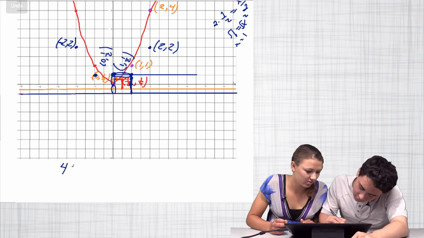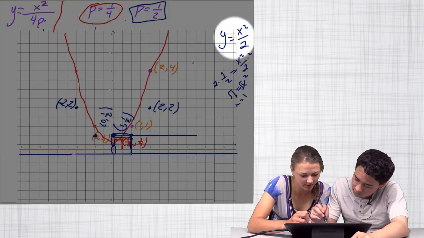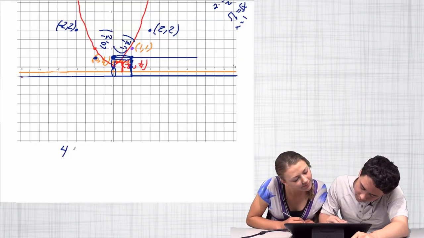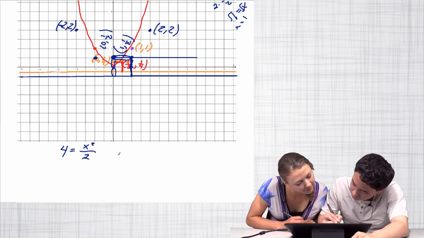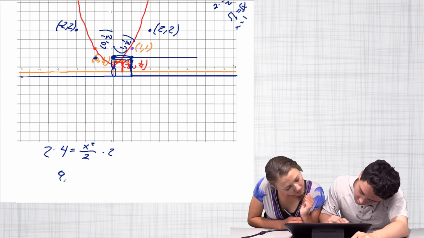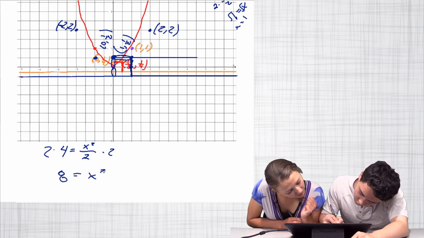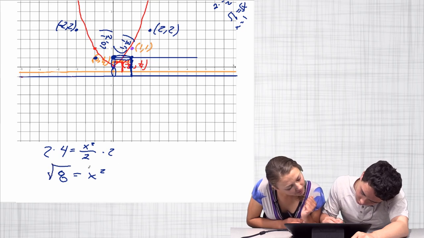What's the equation you're plugging into? Right here. So x squared over 2, right? So times 2, times 2: 8 equals x squared. Square root.